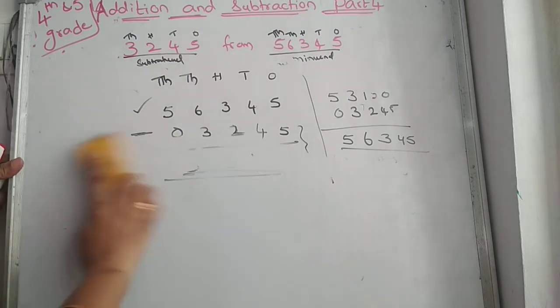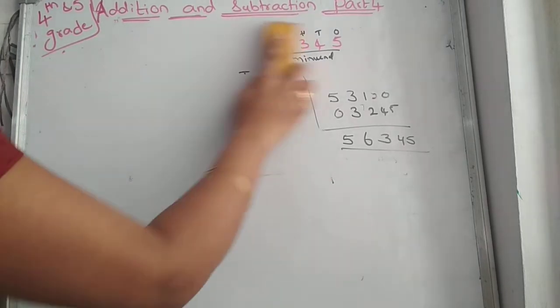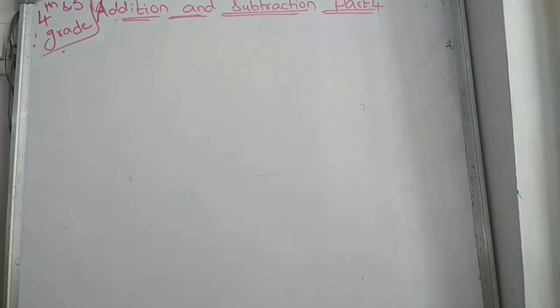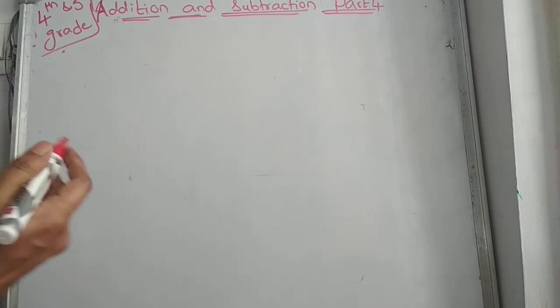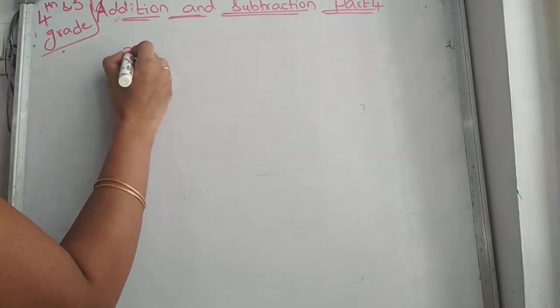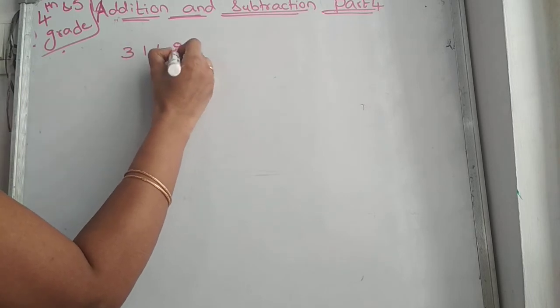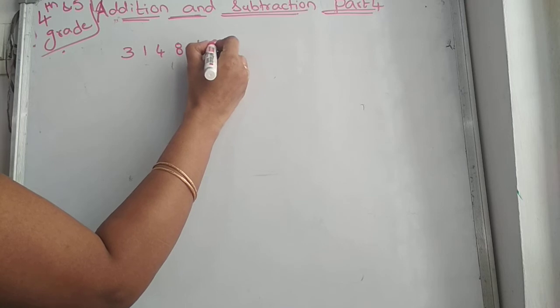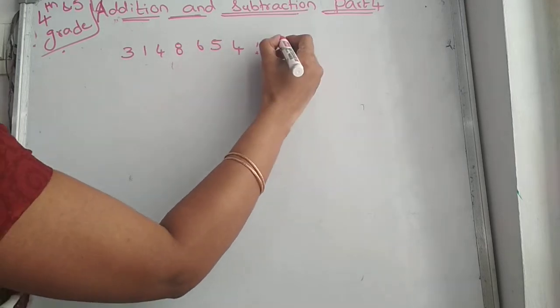So today, if they are giving crores, how to do it? If they are giving crores or above 10,000, suppose they give 3, 1, 4, 8, 6, 5, 4. Same thing only.